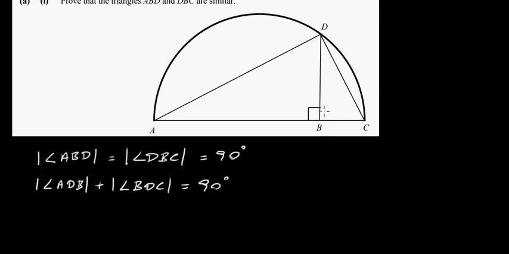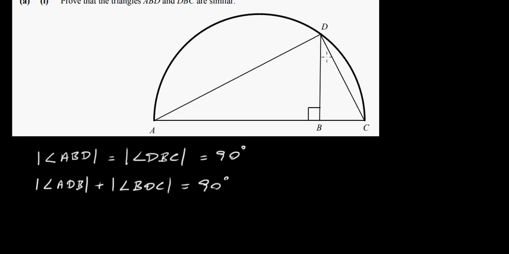Now if you take this angle, we've already shown that this angle here, DBC, is 90 degrees. That must mean that the other two angles here, this one here and this one here, added together must give us 90 degrees as well, because the three angles in a triangle add up to 180 degrees.